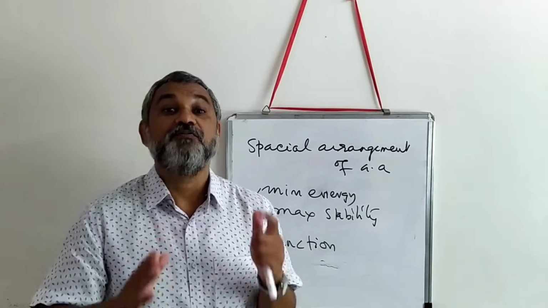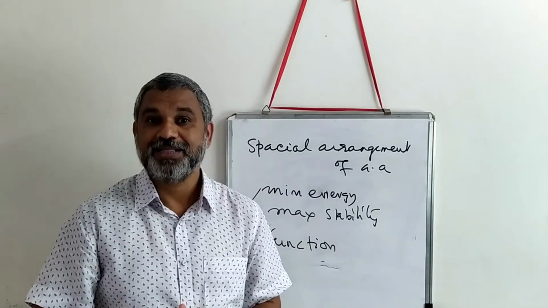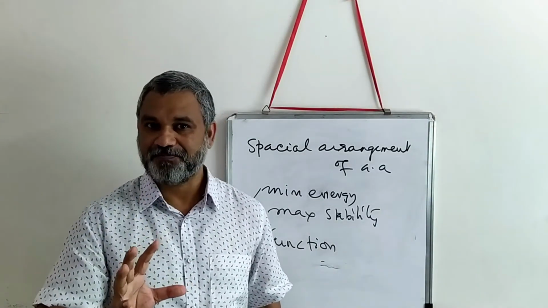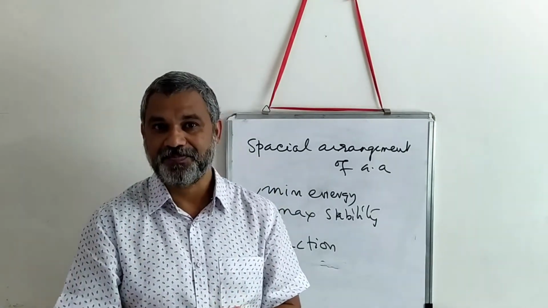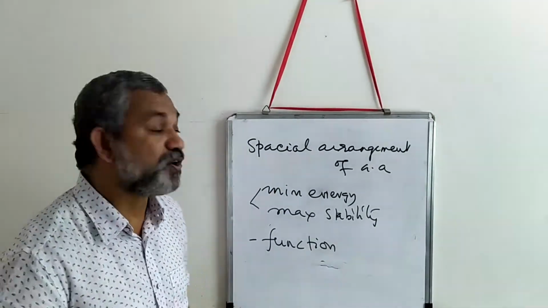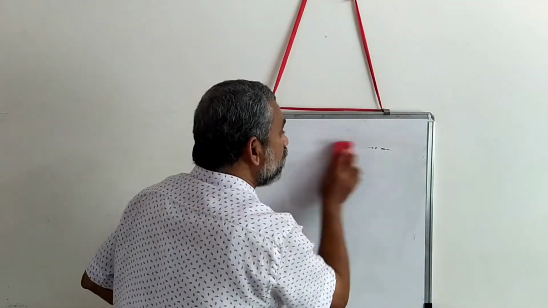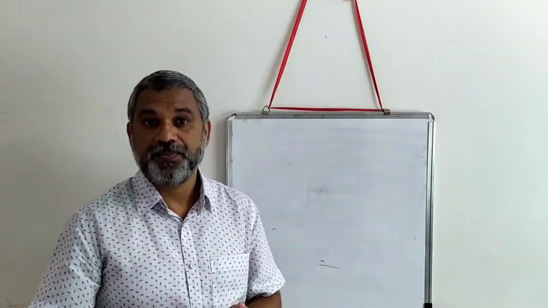Now let us see which are the forces that will ensure that this minimum energy is present, there is maximum stability, and the right conformation of the protein is established. There are 6 different types of forces which will ensure that the protein is stable.